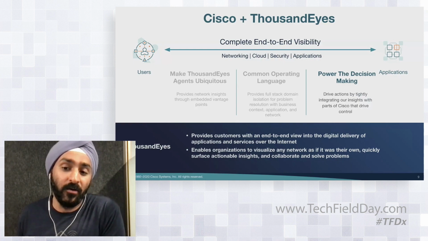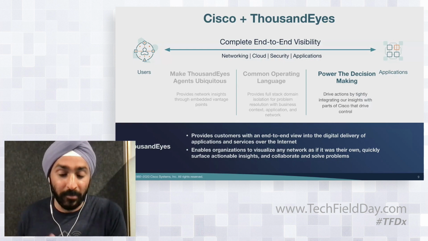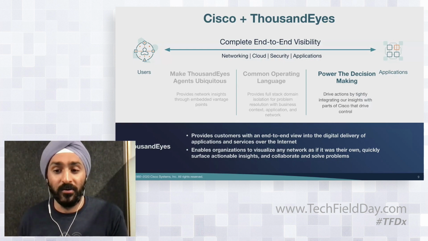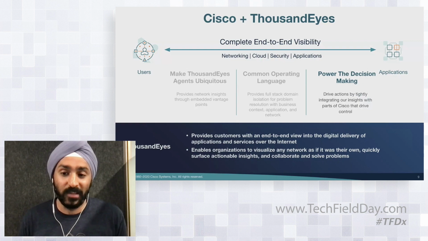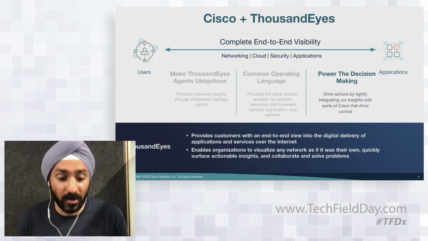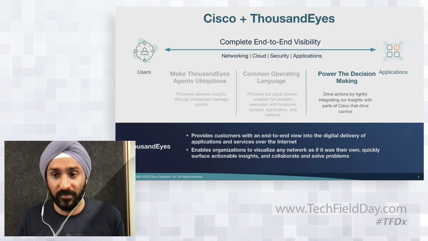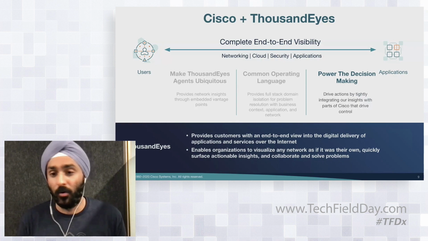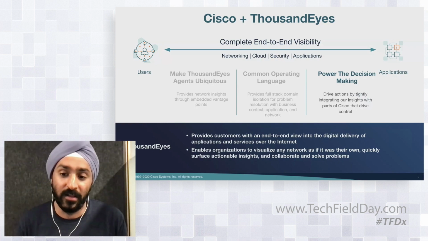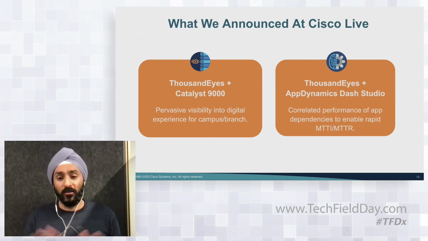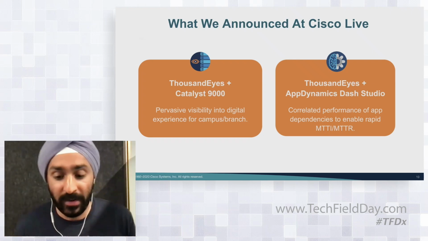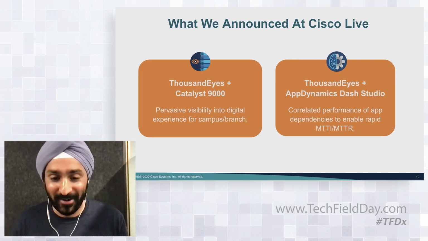We also want to take the data that eventually we'll be able to capture and use that to power decisions that help me better serve my users, regardless of the internet service provider or third-party dependency that I use.